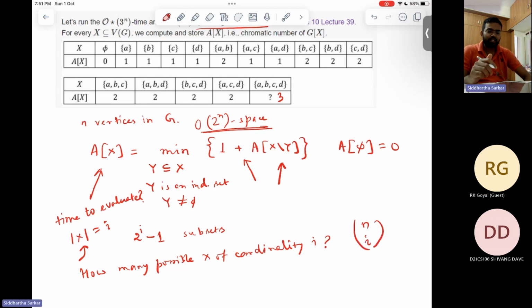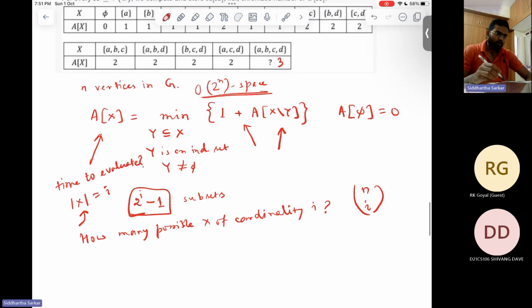So now for each of these x, you are going to do at most this many table lookups and additions. So the running time is order of summation n choose i, times, in each of these cases, at most 2 to the i operations.